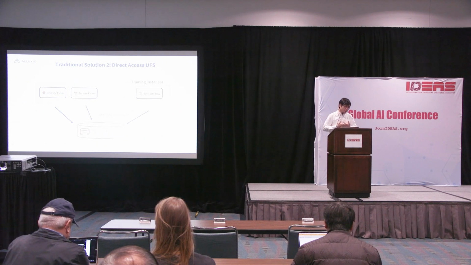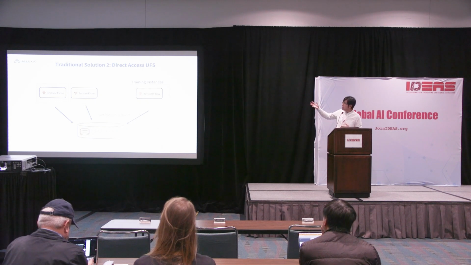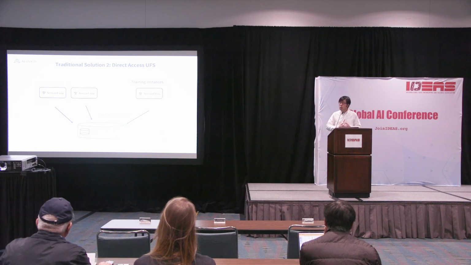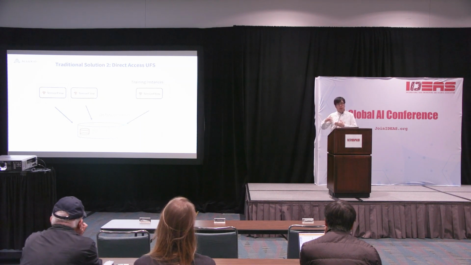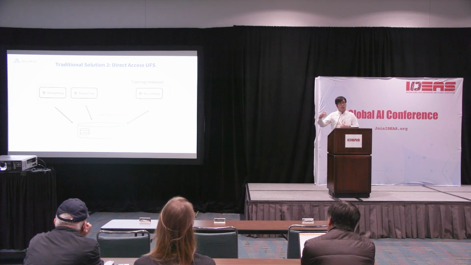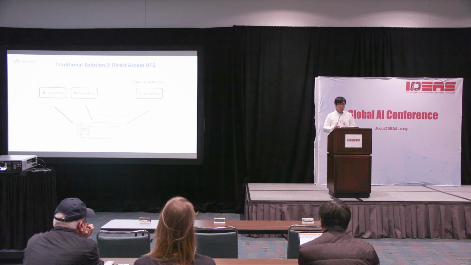Well, the other way is what we see. Taking another example in the training case, again, using your data directly from your original source of truth. For example, there are tools to convert S3 into a local folder on your machine, and you can use that type of tool to access the data directly on S3, and that will work again while your scale is small.